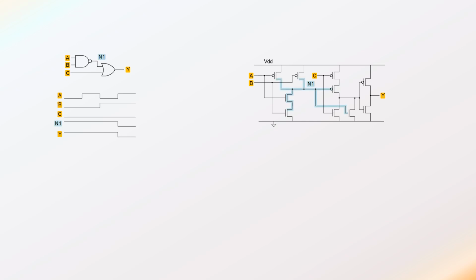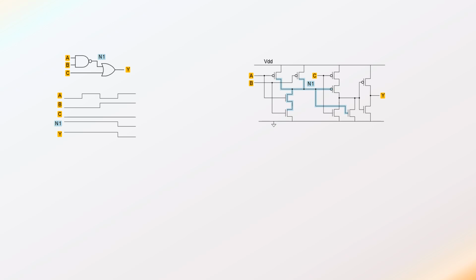I want to illustrate node 1, the node between the NAND gate and the OR gate. I showed it in the logic circuit on the left, and also in the CMOS circuit on the right, where I showed all of the conductors that are connected to node 1, including the transistor connected to input A. And then in the timing diagram, you can see that when A goes high, when B is already high, we're going to drive the node N1 low.